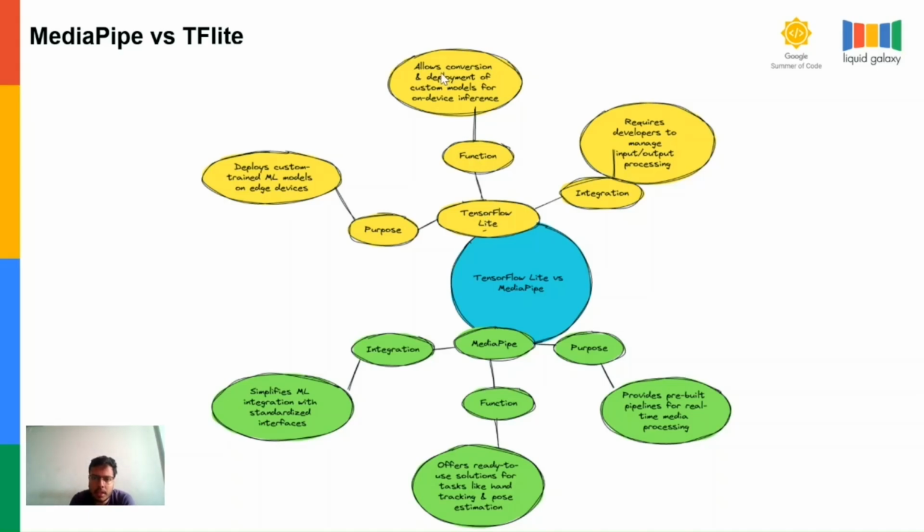The function basically allows the conversion and deployment of custom models on device interface, and it deploys ML models on edge devices. Whereas when we talk about MediaPipe, it provides pre-built pipelines for real-time media processing. It offers ready-to-use solutions for tasks like hand detection and pose estimation, and for integration purposes, it simplifies ML integration with standardized interfaces.